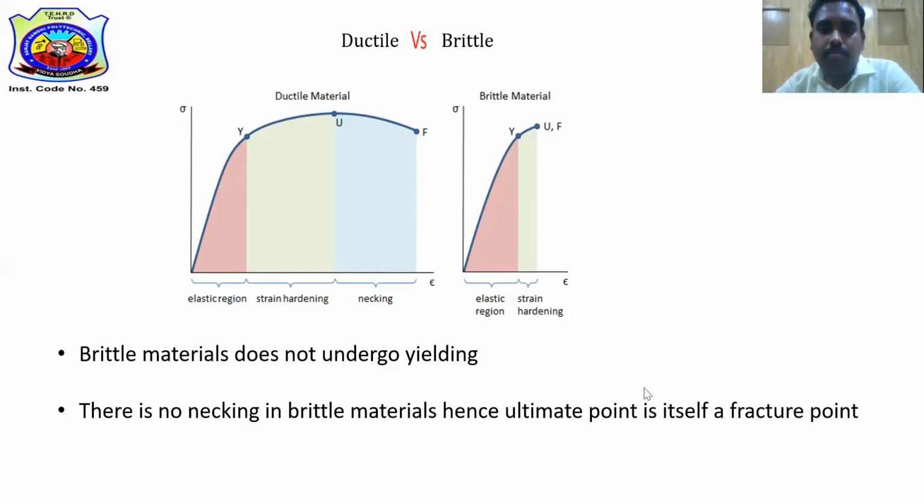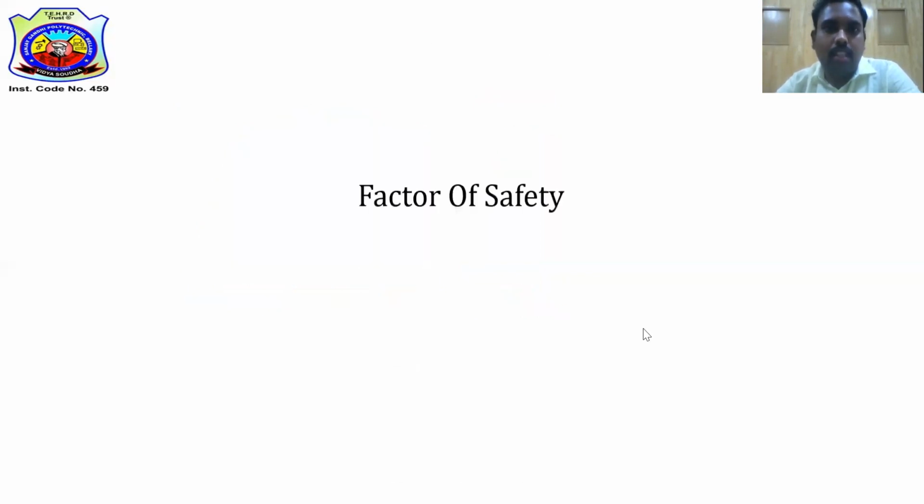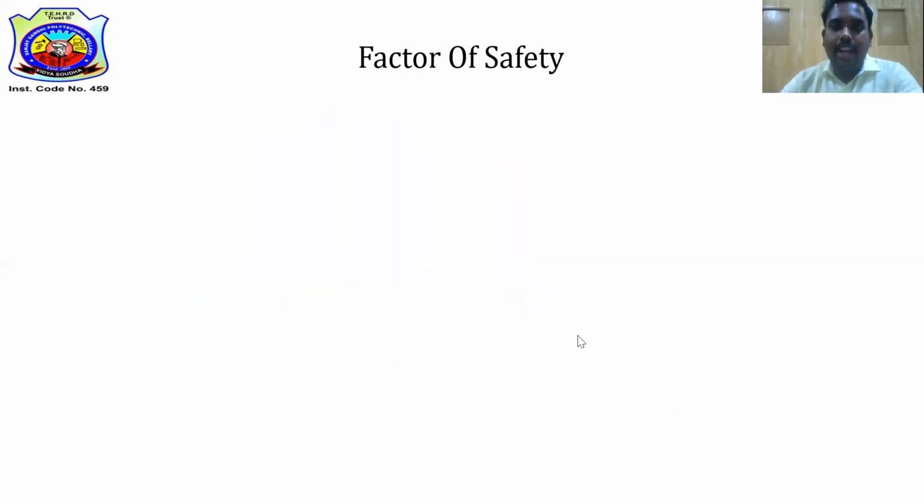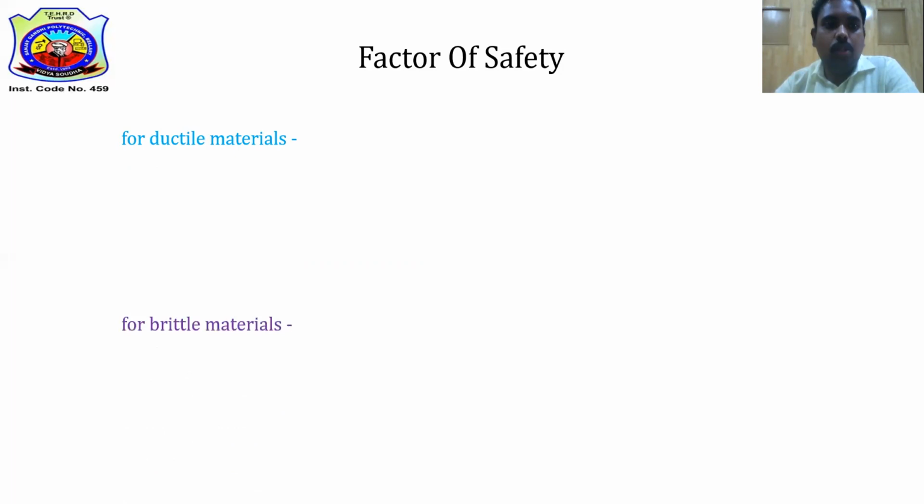Okay, now let's move to the next slide. After understanding the stress strain diagram in detail, an important topic to understand is the factor of safety. We have two kinds of materials, ductile and brittle, so we have different definitions of factor of safety for each.